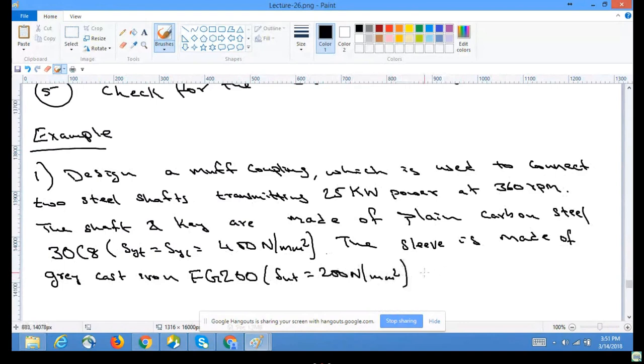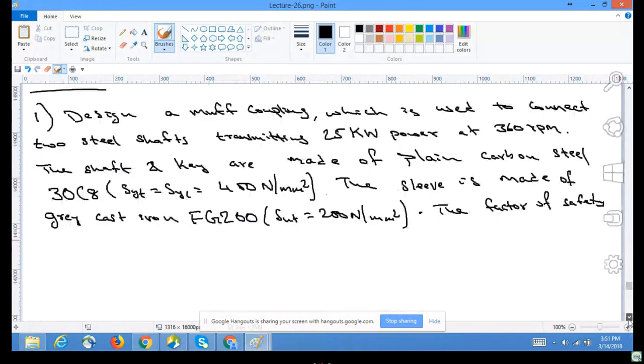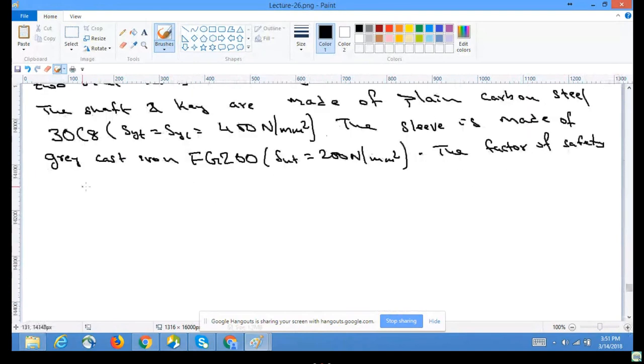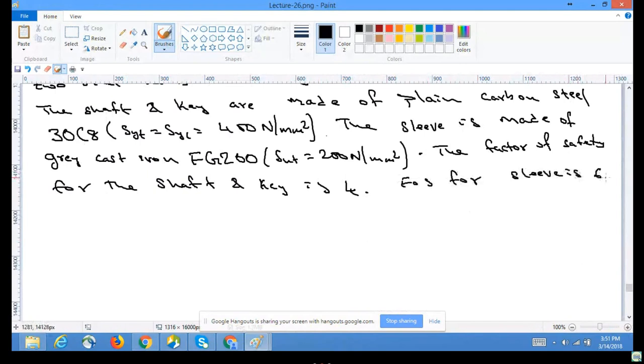The factor of safety for the shaft and key is 4 and FOS for the sleeve is 6.